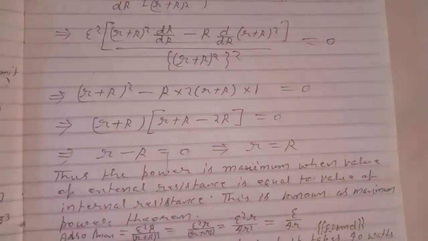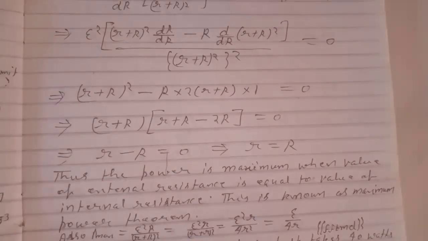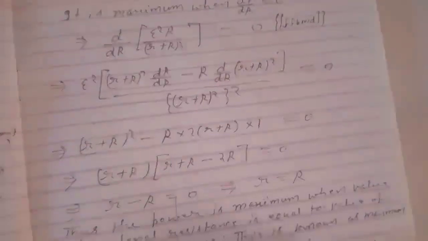Also the maximum power, that is P max, equals E squared into R by (R plus r) whole squared, or equals E squared R by 4R squared, because R is equal to r. R cancels, so E squared by 4R.